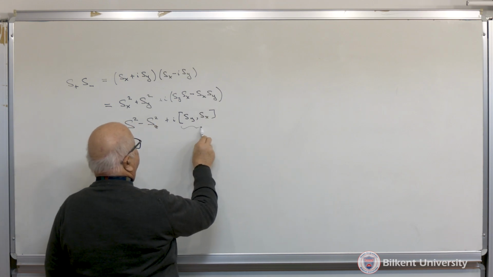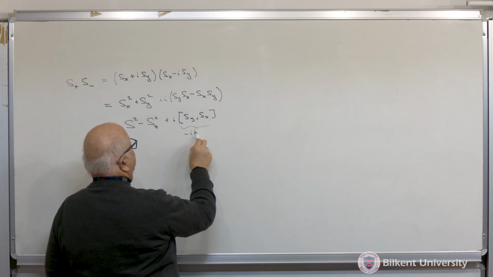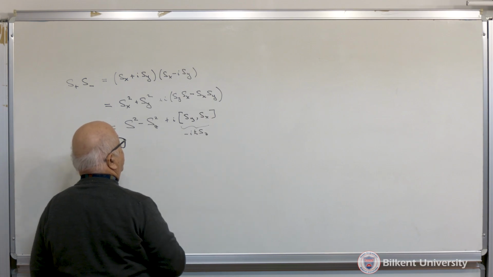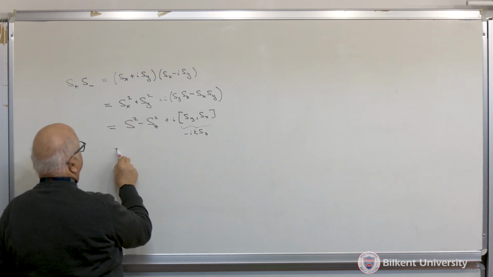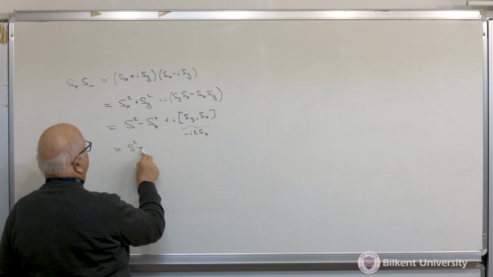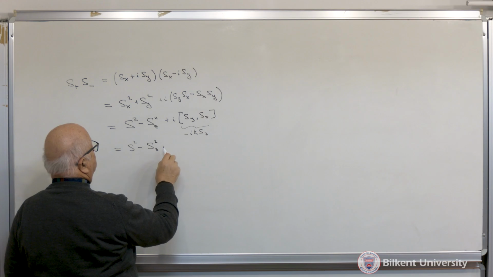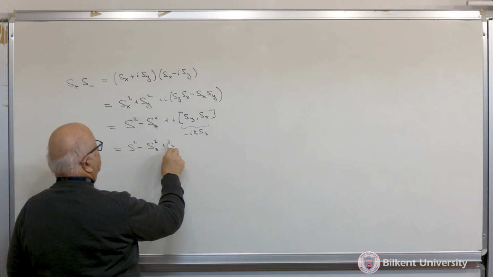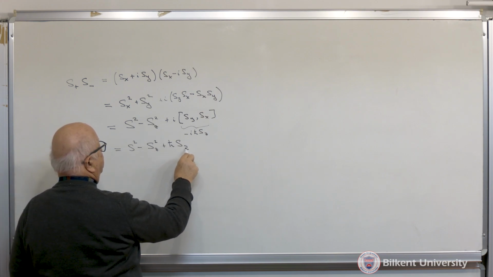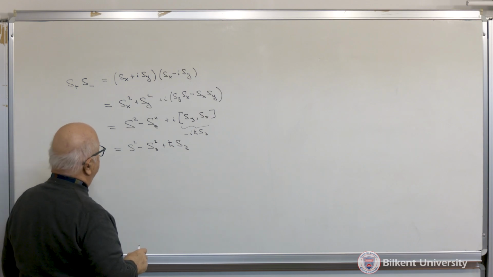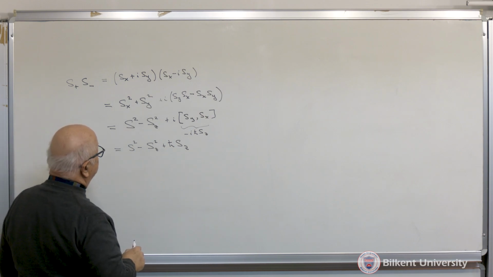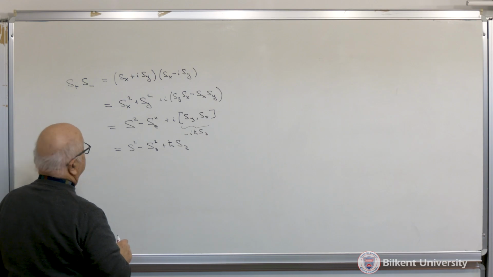So it's going to generate a minus sign, minus iħ S_z. So this will be S squared minus S_z squared plus ħ S_z. Please check my algebra so that I don't make plus or minus errors.